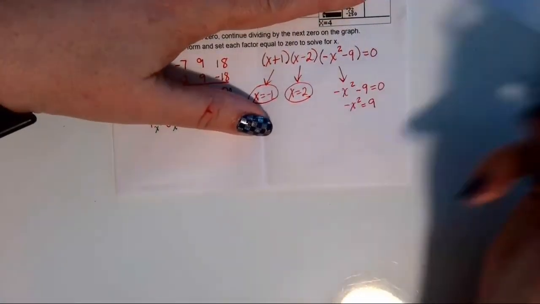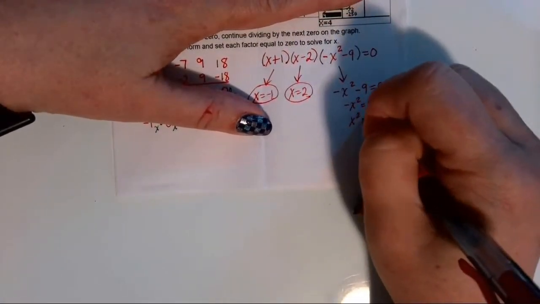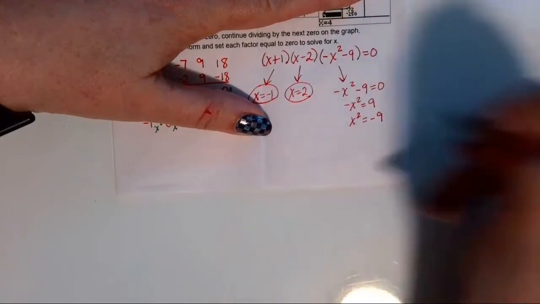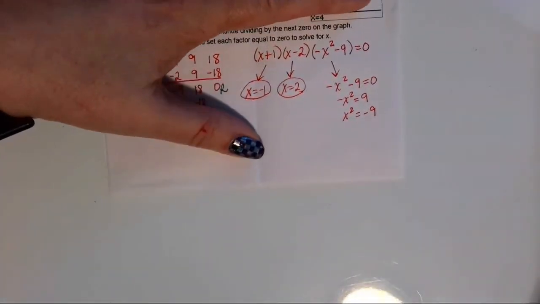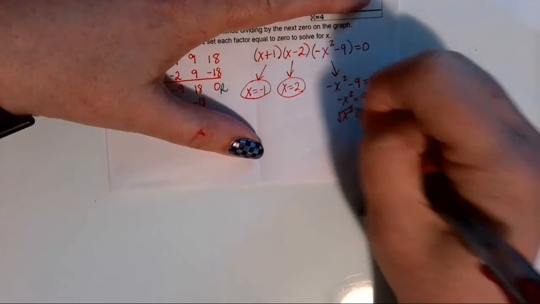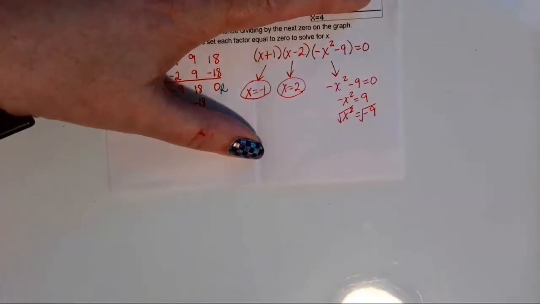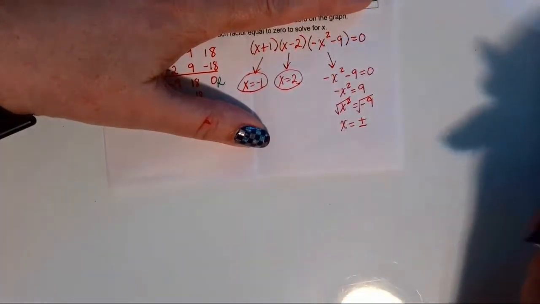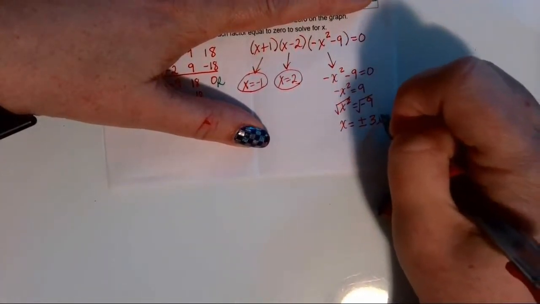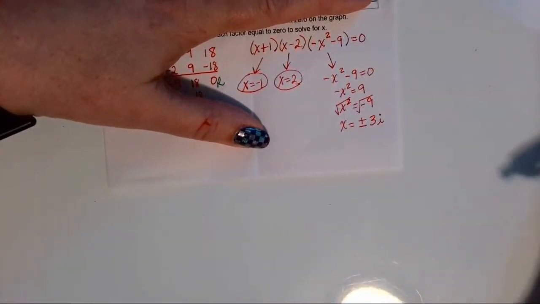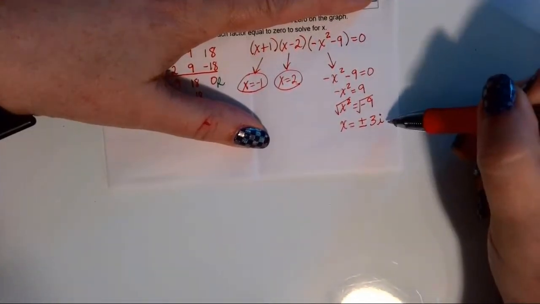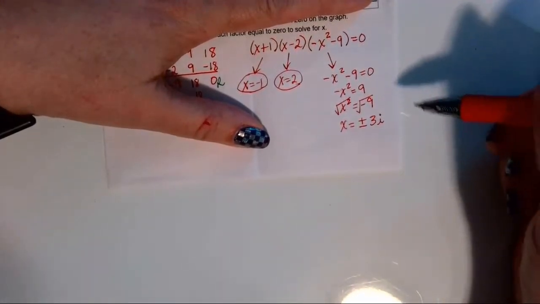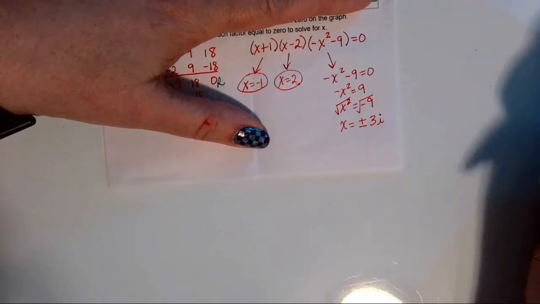Then I'm going to divide both sides by -1. x² equals -9. Then to undo a square, we use the inverse operation, which is to square root, and x then is equal to ±3i, because the square root of -1 is the imaginary number i, and the square root of 9 is 3.